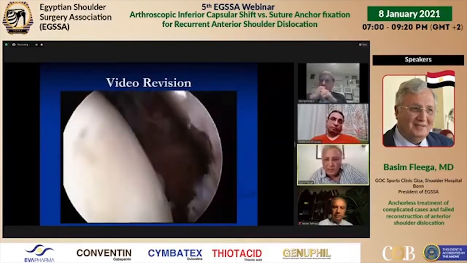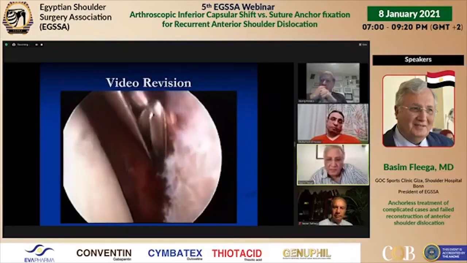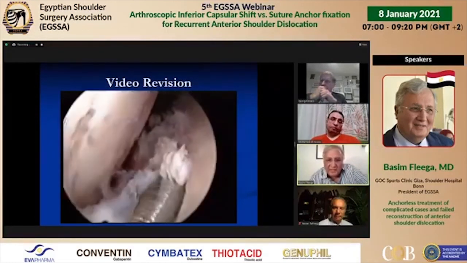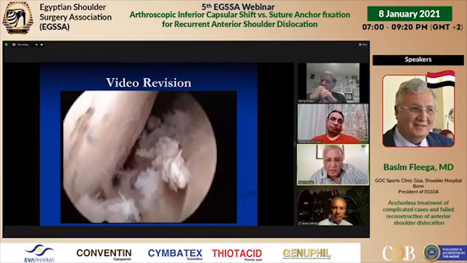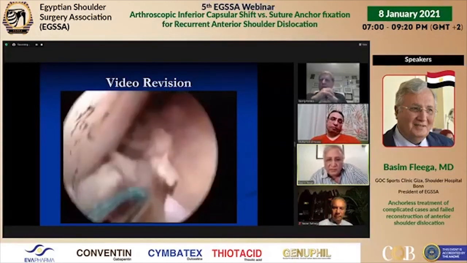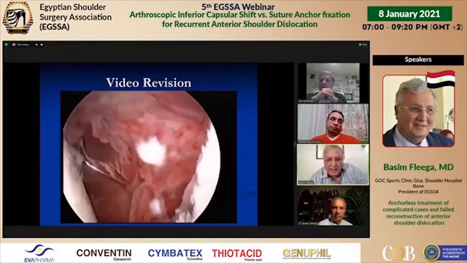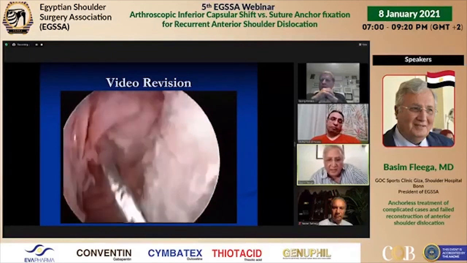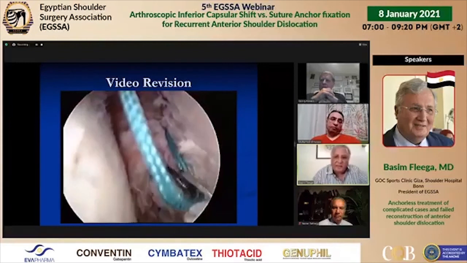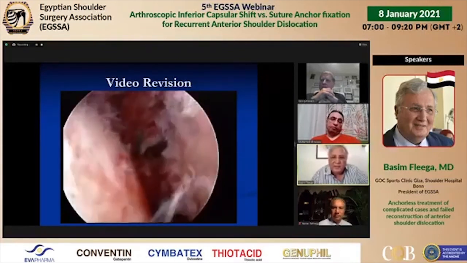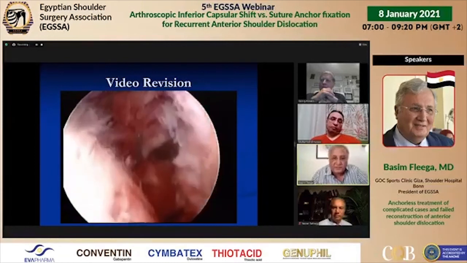It is also a recurrent case. We see the sutures from the anchors are then removed, making a bleeding surface on the anterior glenoid, suture through the anterior glenohumeral ligament, and tie the labrum back to the glenoid. And after that, we do the inferior capsular shift.